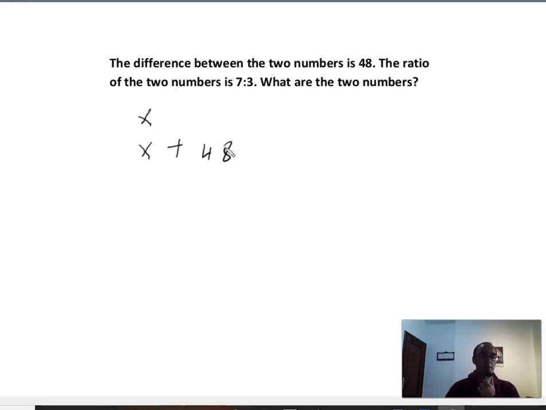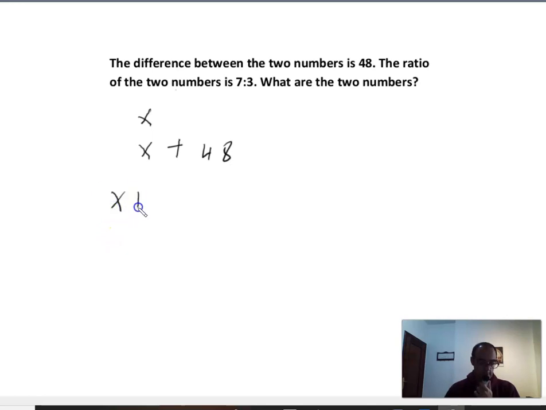These are our two numbers, x and x plus 48. Now we have to use that the ratio between them is 7:3. The ratio, as I said before, is the quotient between the two numbers. So let's write the equation. It's a little more difficult than other equations we have seen before, but you can do it.